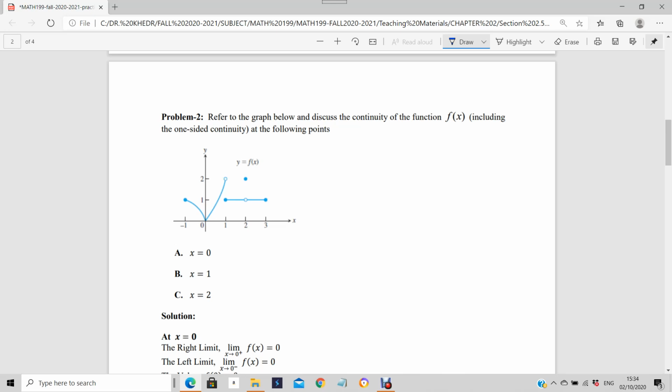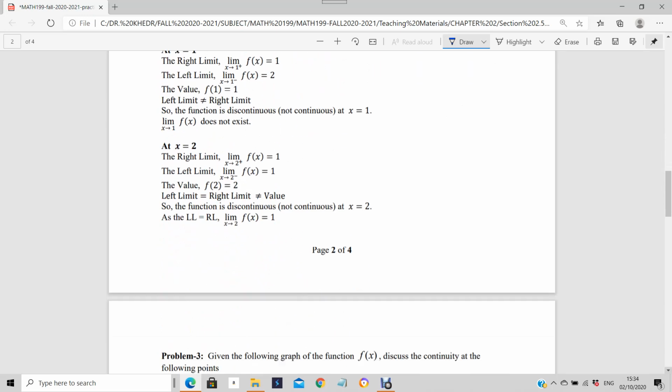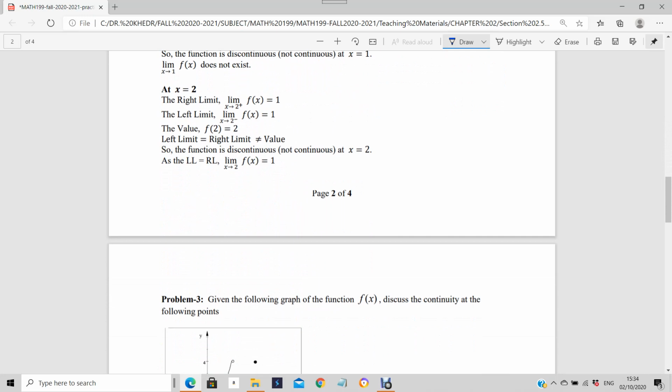The value of the function is 2 because the closed circle here means that when x equals 2, the value of the function is 2, not 1. There's an open circle opposite to y equals 1. So the value of the function is 2, the limit of the function is 1, and these two numbers are not equivalent. So the function is not continuous at x equals 2. Here are the details.